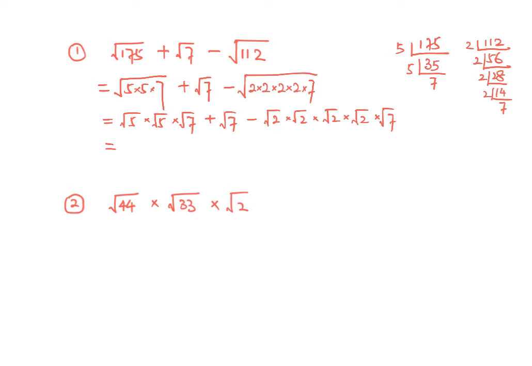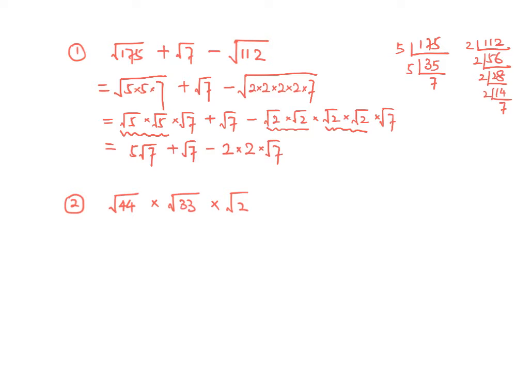Then square root 5 times square root 5 gives you 5, so we write 5 square root 7 plus 1 more square root 7 minus this square root 2 times square root 2 gives you 2. This square root 2 times square root 2 gives you another 2, so times square root 7.